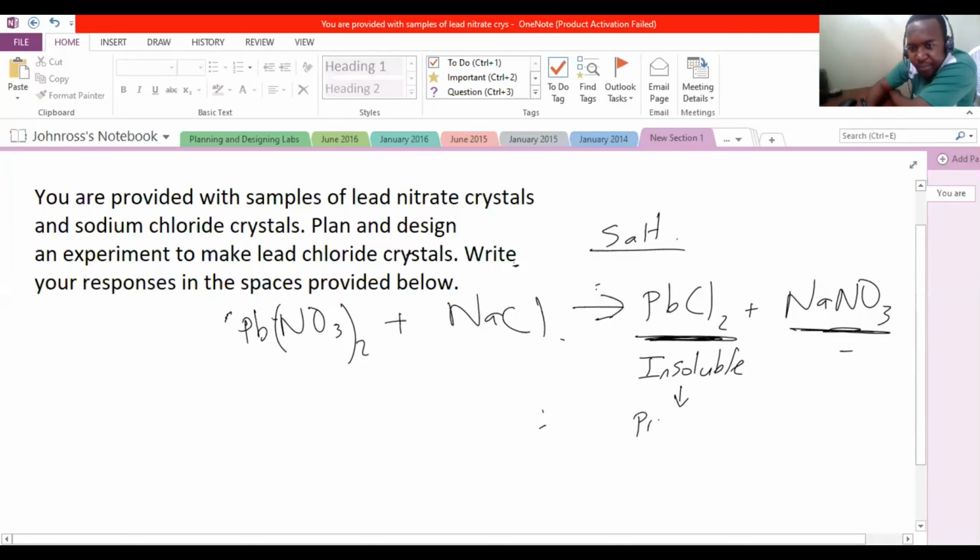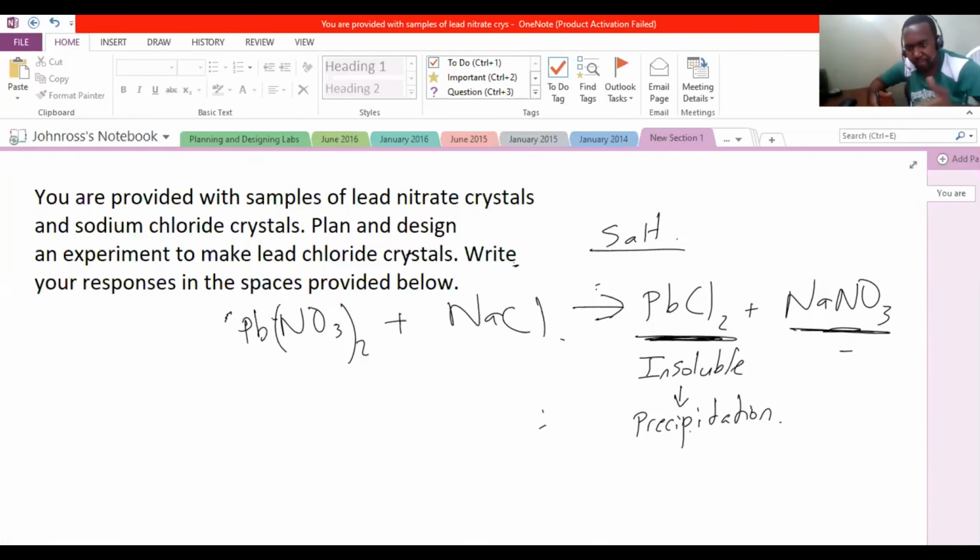Why is it called the precipitation method? Because the precipitate is formed, right? So when you mix these two compounds together, you're going to get a precipitate form, and that precipitate will be lead chloride, right? But it also will produce sodium nitrate.